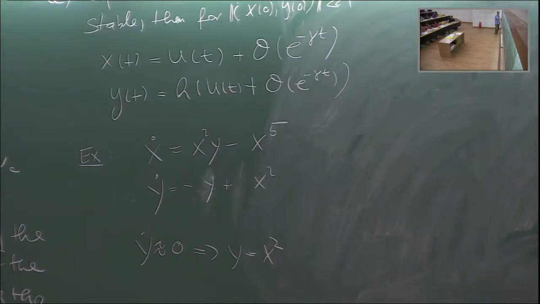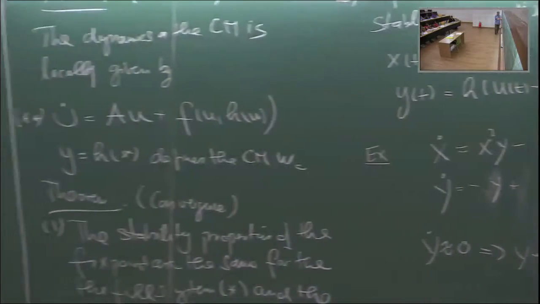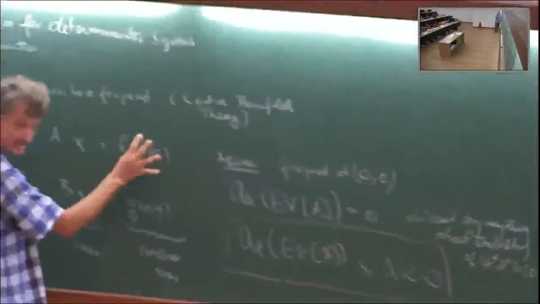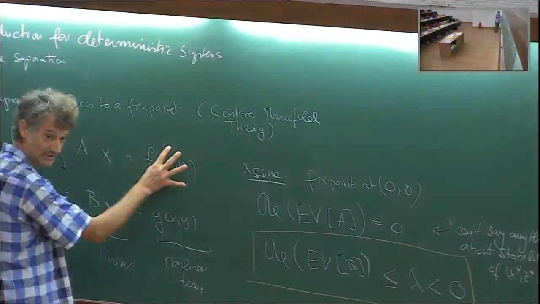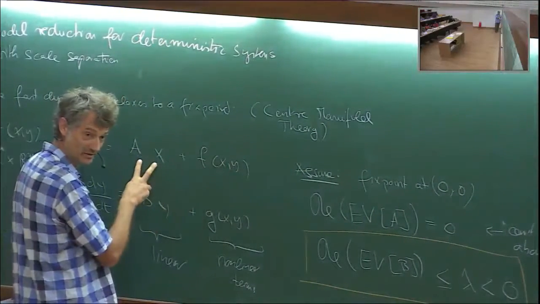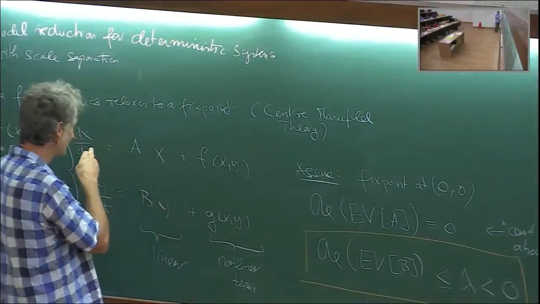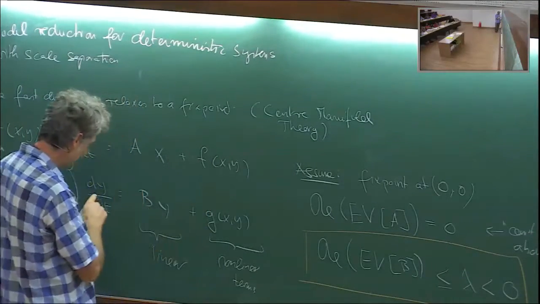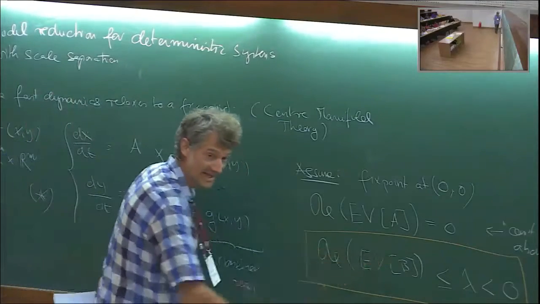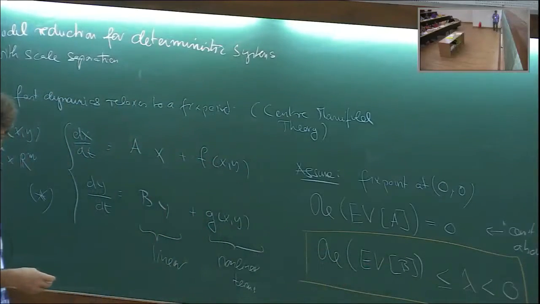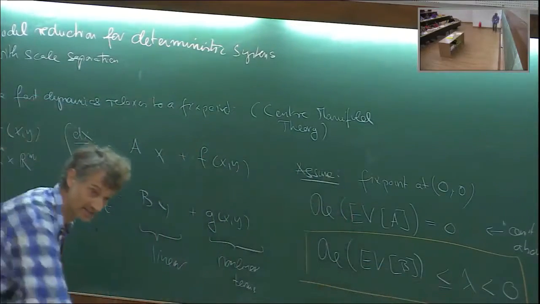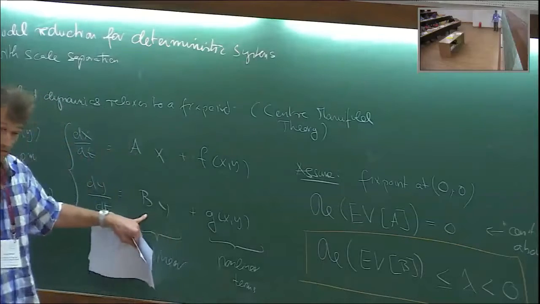Slow means the linear part is 0. These other terms are at least quadratic in x and y, so since we're locally near 0, they're small, so the linear part dominates. The linear part here is 0, so x dot is something very small. Here, y dot is minus lambda, which is bounded away from 0, so that is the exponential contraction.